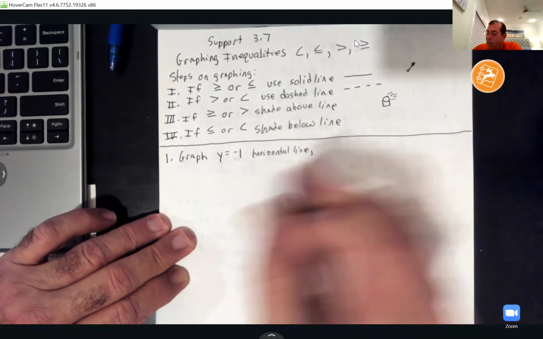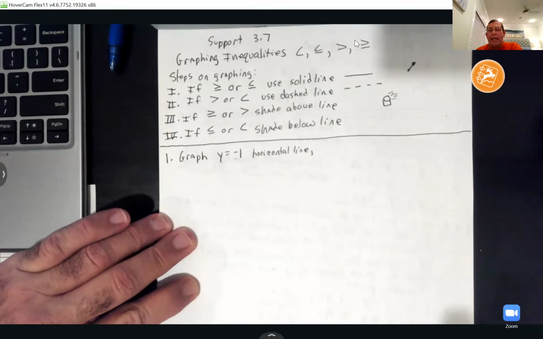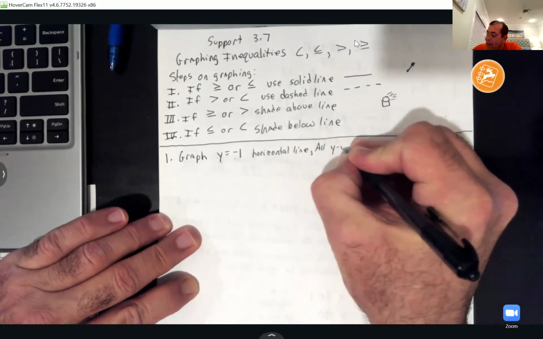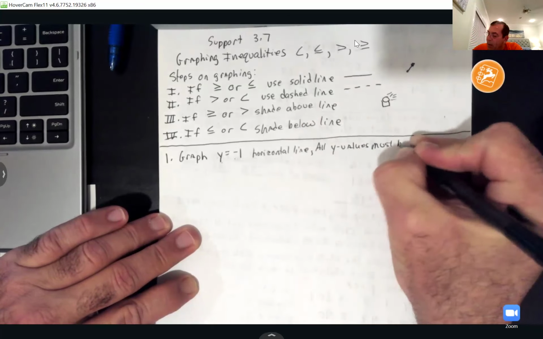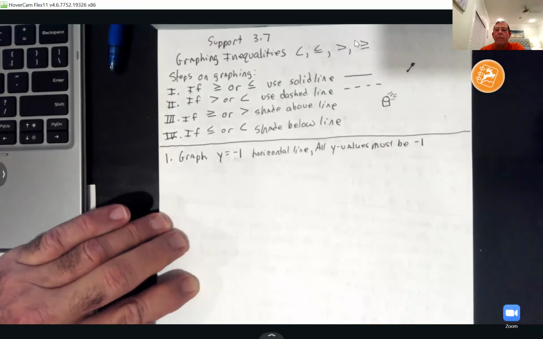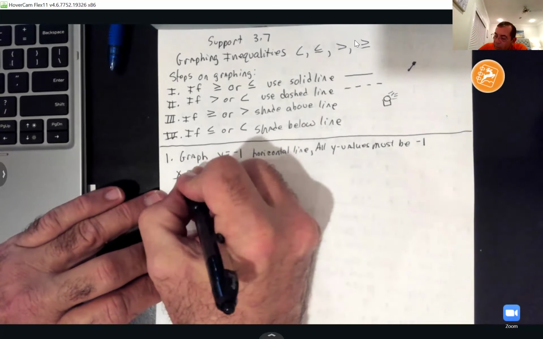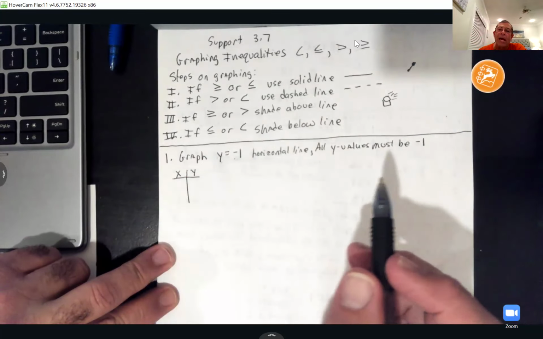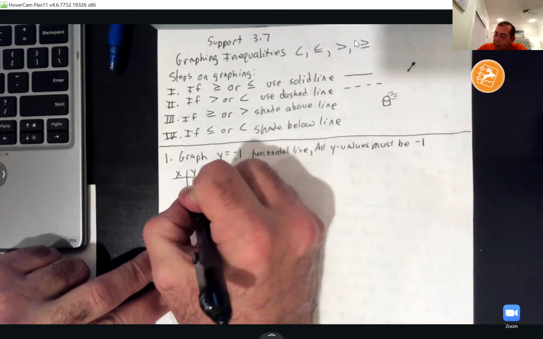And when it's y equals -1, it doesn't matter what x's you pick. All y values must be -1. So if you make a table and you're going to pick 2 points to draw your line, remember, all y values must be -1.